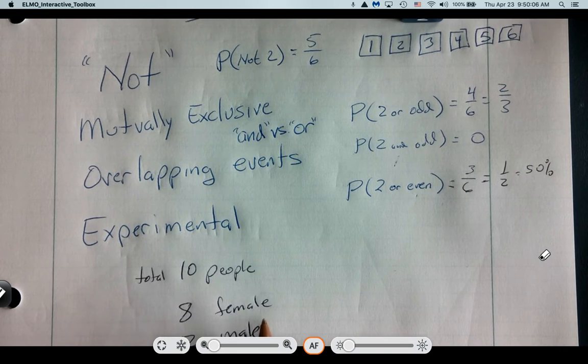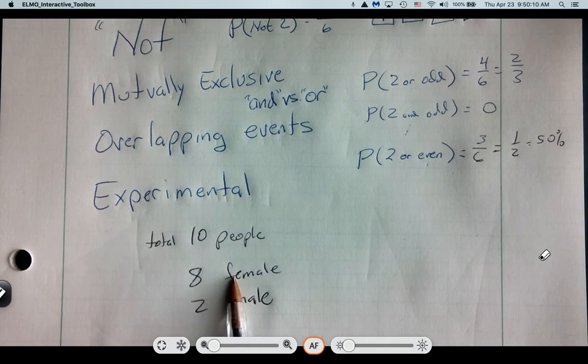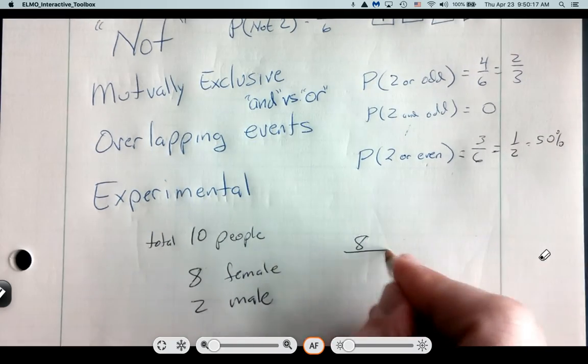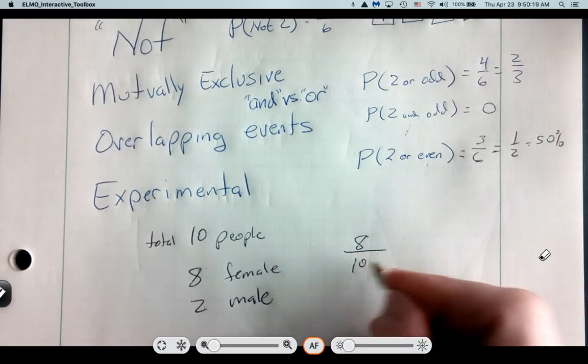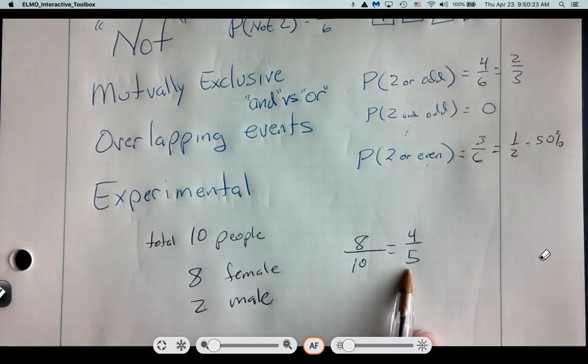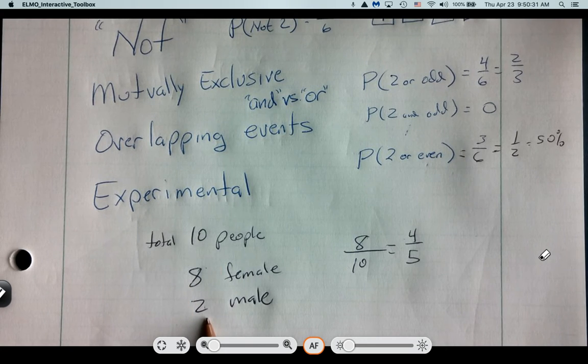So if 8 were female and 2 were male, experimentally, the probability that the next person's going to be a female, well, we have 8 out of the total 10 that came in, so we have a 4/5 chance that the next person will be a female from experimental information.